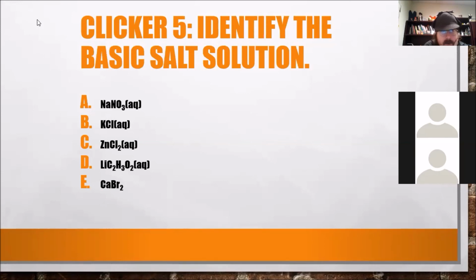Okay, so here's our first clicker question. For anyone who's actually on clicker, you should be able to do this real time. I'm asking you guys, identify which salt would form a base in solution.